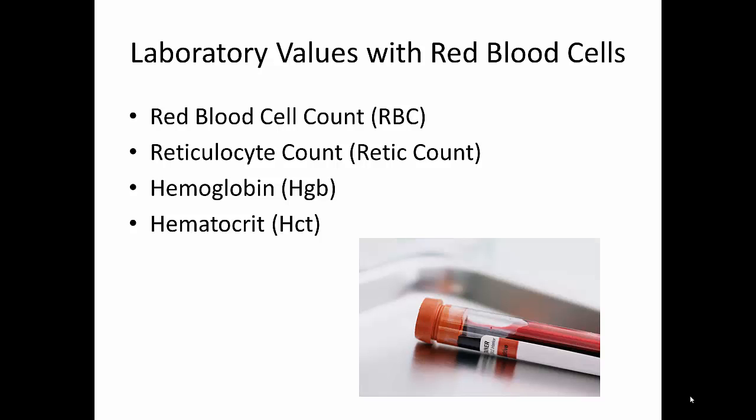So, ask yourself, can I have normal red blood cell count, but a low hemoglobin? Does that necessarily mean that I'll have a low hematocrit? Can I have a normal hematocrit, but a low hemoglobin? And when would that occur? And again, that's going to give you some indicators of the disease process that your patient is experiencing.